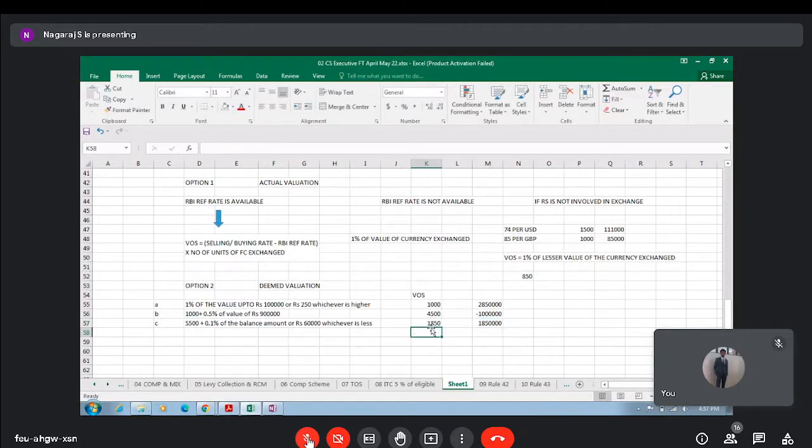How much? 1,850. Total value of supply is how much? 7,350 or 60,000, whichever is less will be the value of supply.